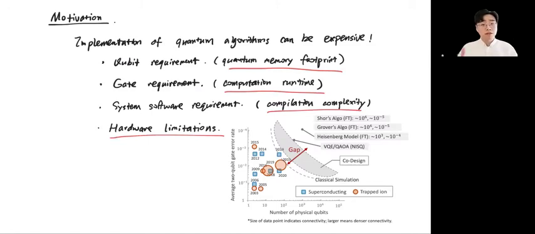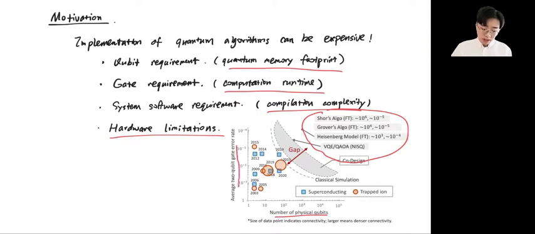On the bottom right of this slide, I'm showing the resource requirements of many existing quantum algorithms in terms of how many qubits they need and how accurate gates need to be in order to run these algorithms successfully.